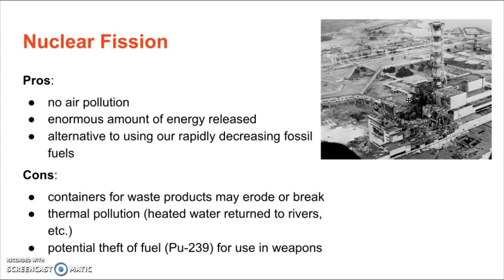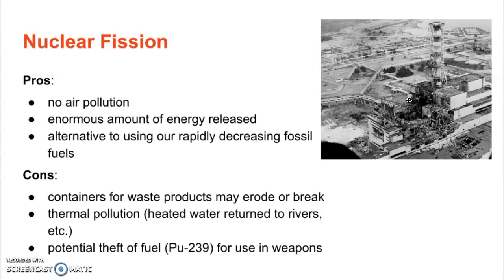However, we also know that it can go wrong. When it goes wrong, it creates a lot of air pollution and a lot of destruction. It causes birth defects. We also have no solution for our waste products, meaning that if we have to use some sort of container, those are radioactive and can erode or break.